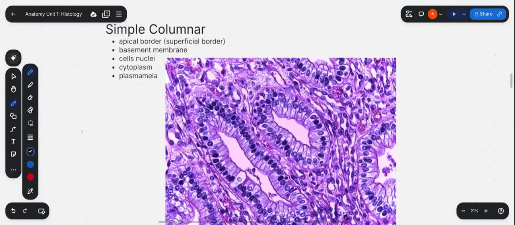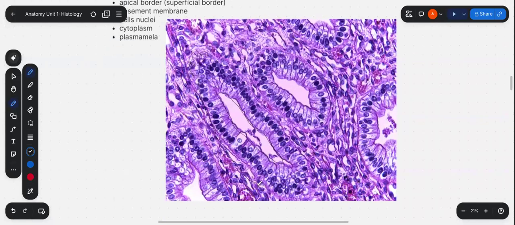Next, simple columnar. Same thing over here. Your apical border is going to be over here, closest to the lumen. Then you have your basement membrane, which is surrounding the outside. It's this area over here and going all the way around.